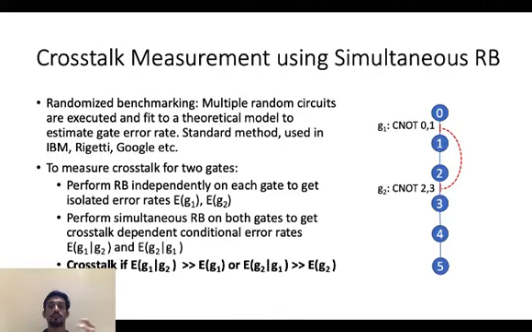This allows us to measure the error rate for G1 in the presence of G2. And this gives us this conditional error rate that we denote as EG1|G2. That is, what is the error rate of G1 when G2 is also executing in parallel. So we say that there is crosstalk between these two gates, G1 and G2, if their conditional error rates are actually much higher than the isolated error rates.